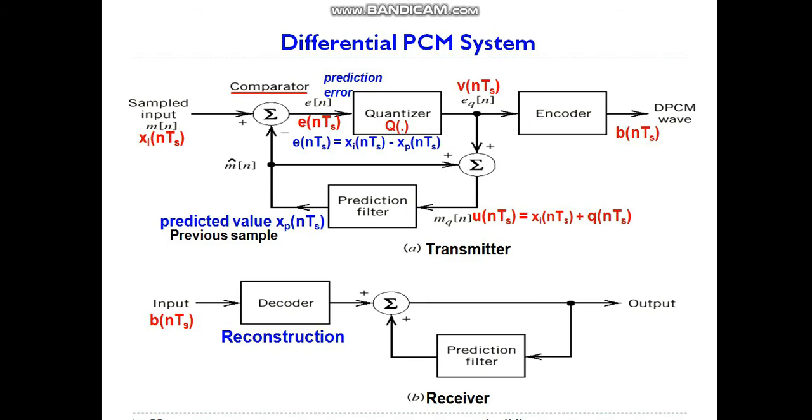Here the notation is changed. So the predictor generates the present reconstructed signal from its previous values and the incoming DPCM. The reconstructed signal is more accurate since the predictor considers the complete history of the reconstructed signal. So this is the process in the transmitter and receiver.